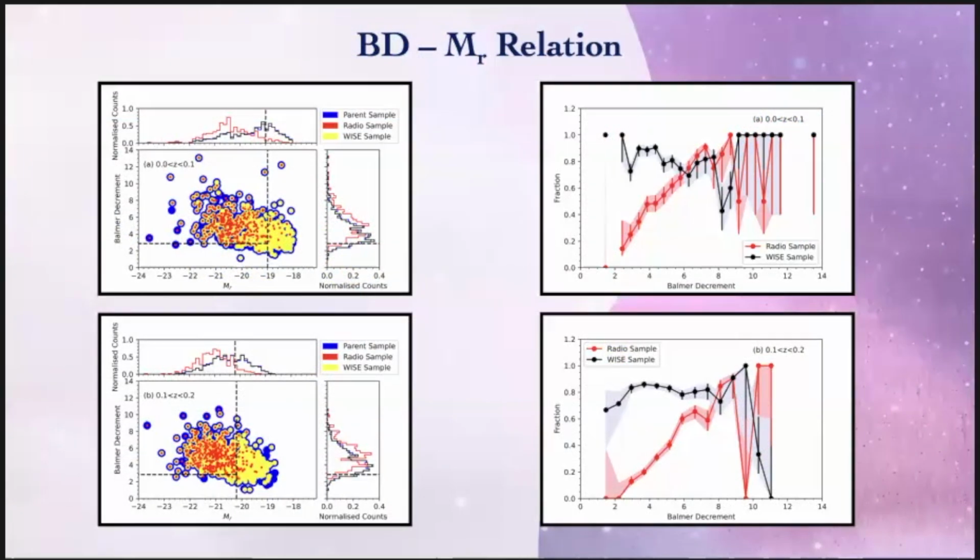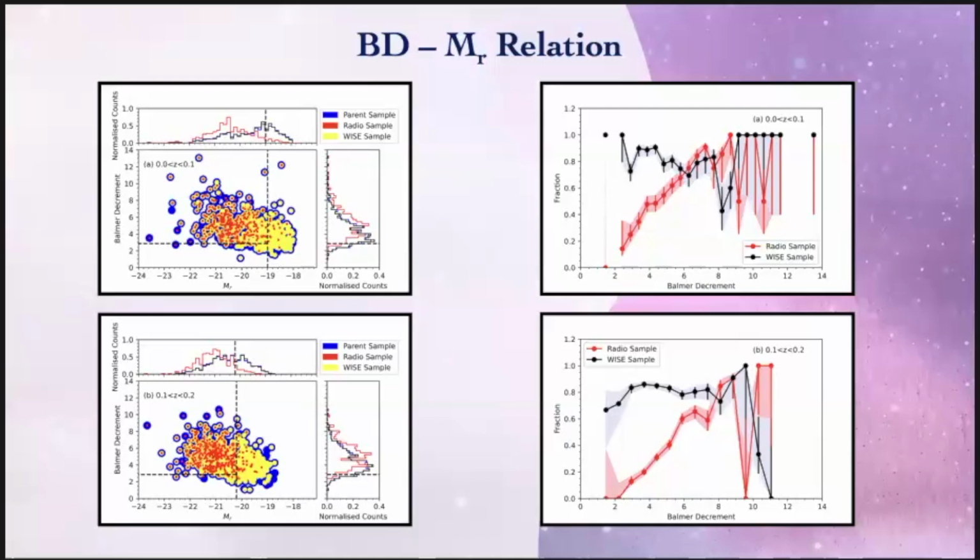Over here, I've plotted both histograms of Balmer decrement as well as the scatter plots. So in the left panel, we can see that the radio detected populations miss the lower end of the Balmer decrement. In this case, the least obscured systems are preferentially not the radio detected ones as compared to the most obscured galaxies.